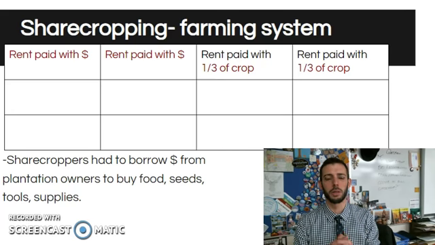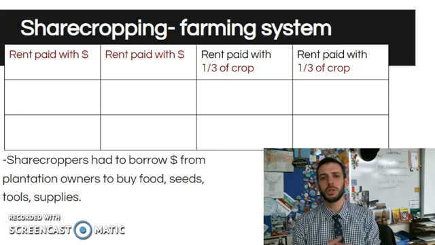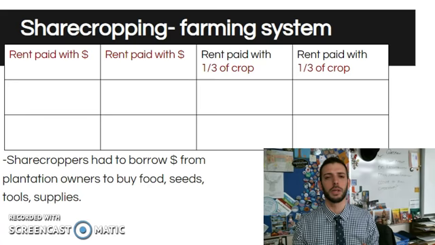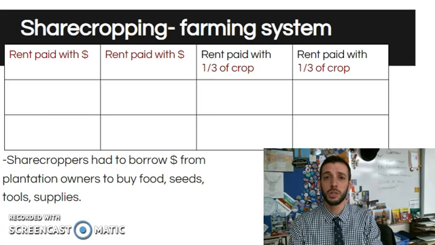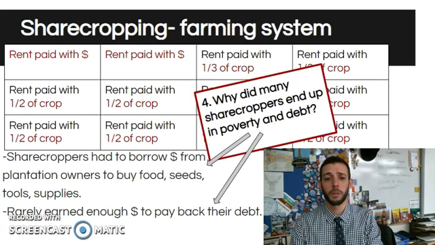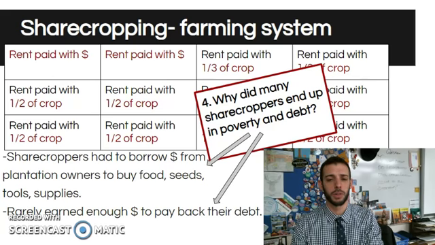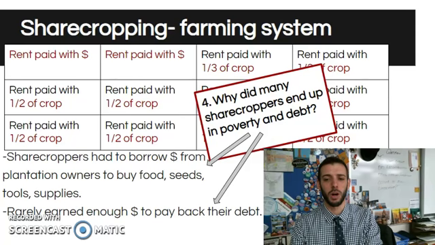It's allowing them to use some money and some time and some land, but they still are paying 1/3 of their crop. So if they have a really great season, they're still paying now a larger amount of rent. Okay, but some farm owners, and they could do whatever they wanted, some would make those sharecroppers, I should say, pay half of their crop.